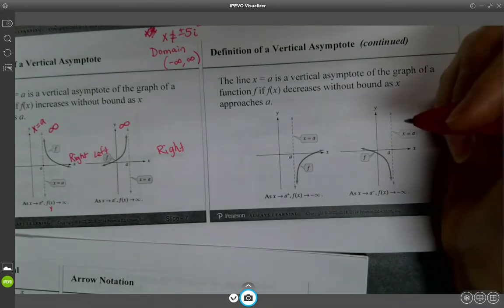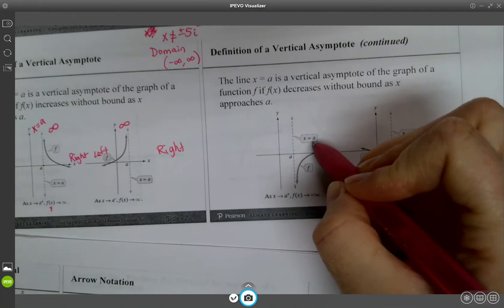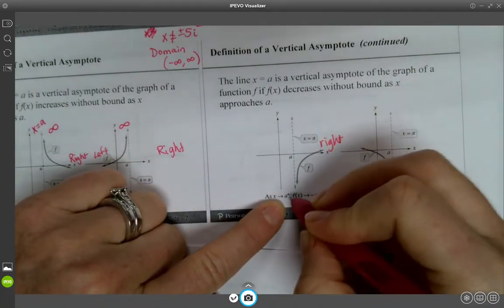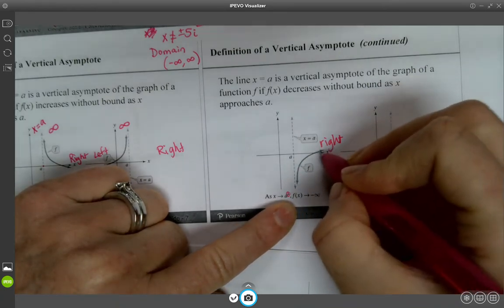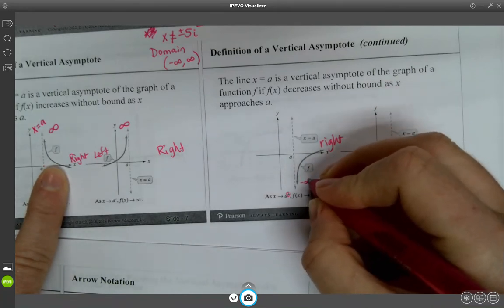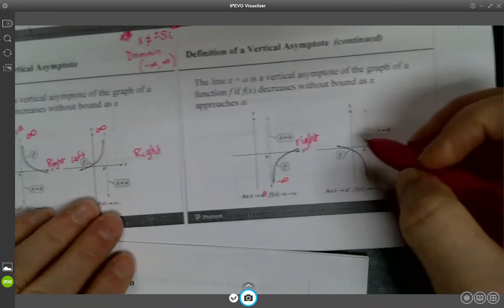Okay, let's look at whenever we're approaching x again. X equals a is our line. As we're approaching from the right, that's what that a plus means. That means from the right. Instead of it going up like this one, it's going down. So it's going to negative infinity. It's going down, down, down, down, down to negative infinity.